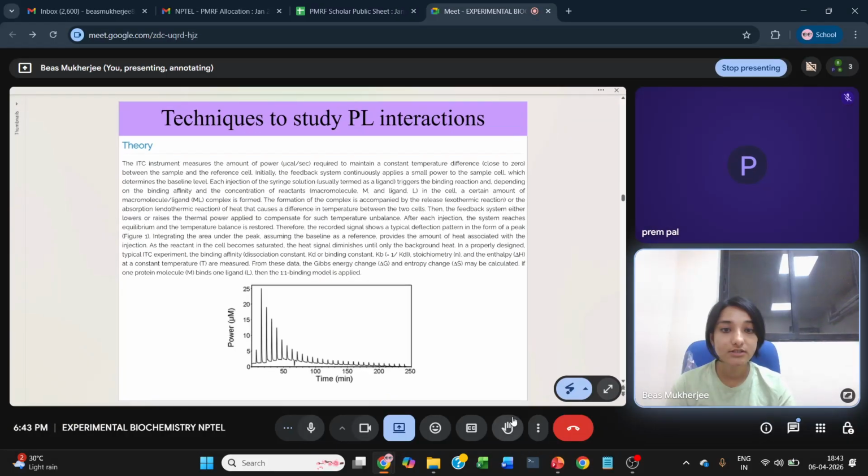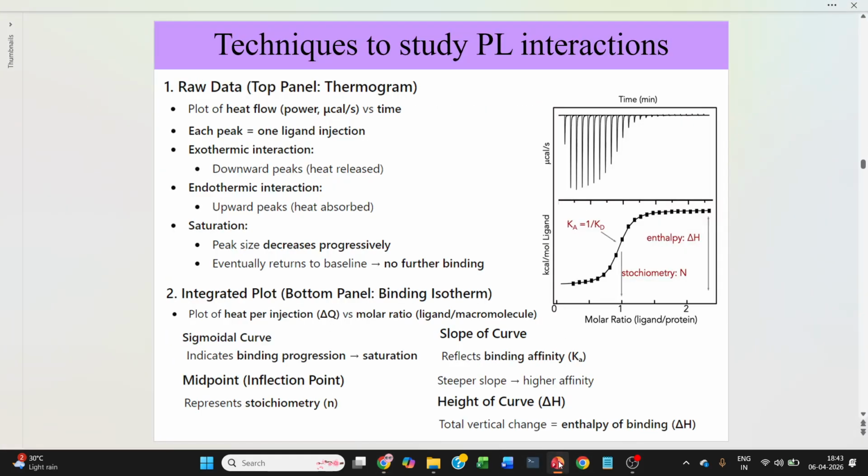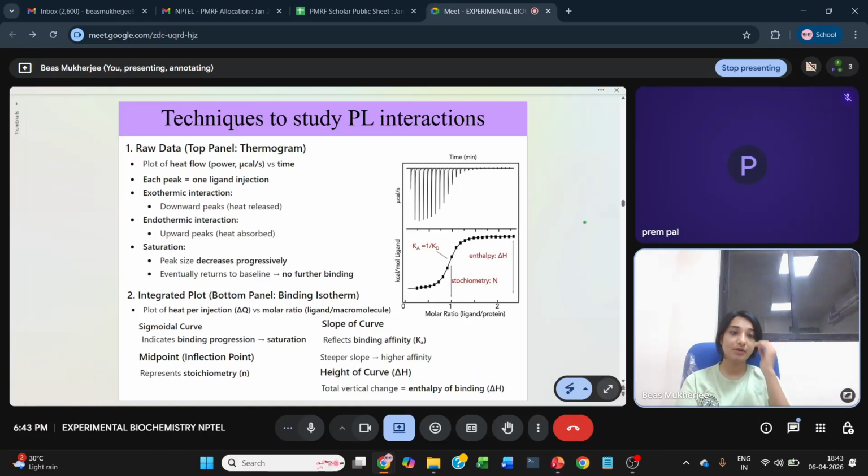Okay. Now, we will see how to interpret this particular graph. So the raw data is called the thermogram, the top panel. This is the plot of the heat flow, that is power in microcalories per second, versus time.